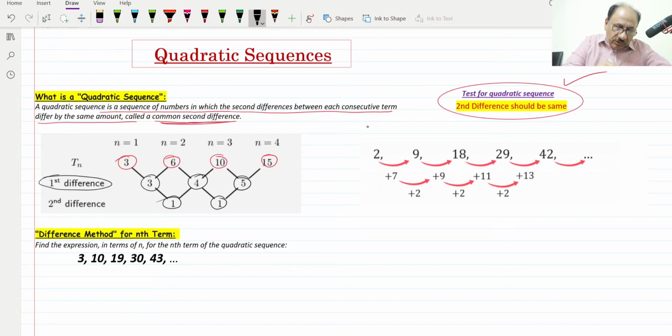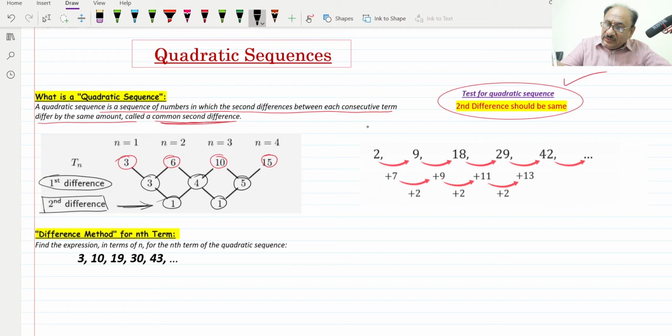So we have checked that the second order difference is the same, so this indicates that this is a quadratic sequence.